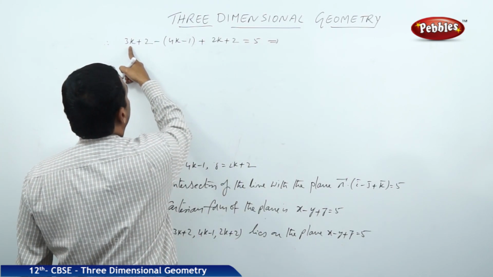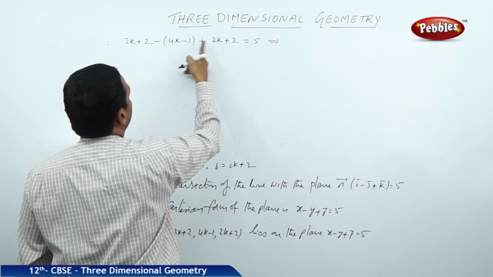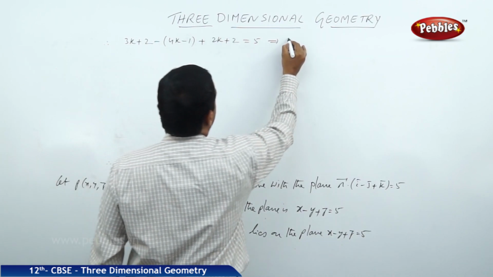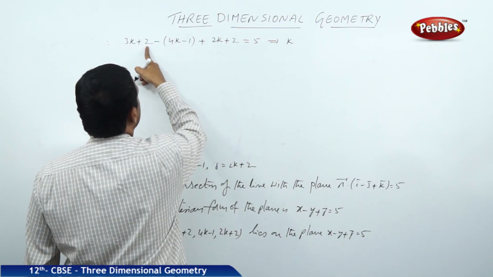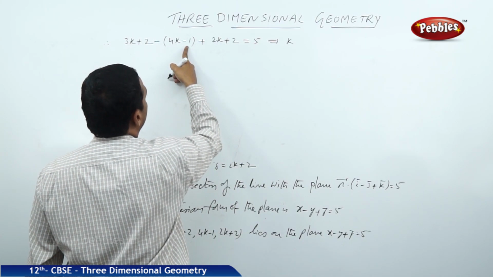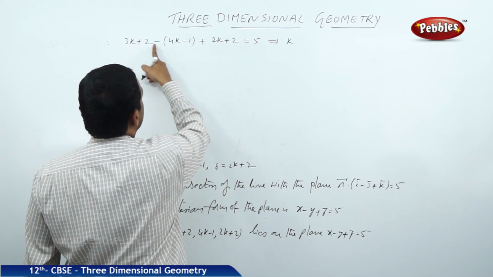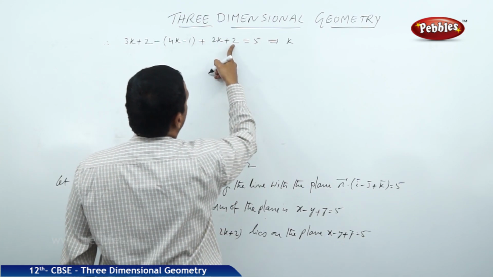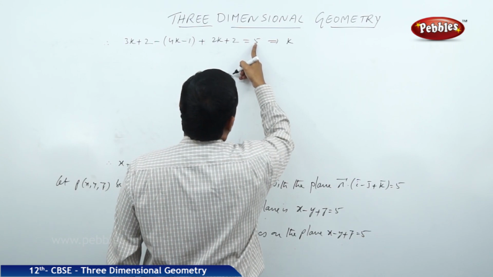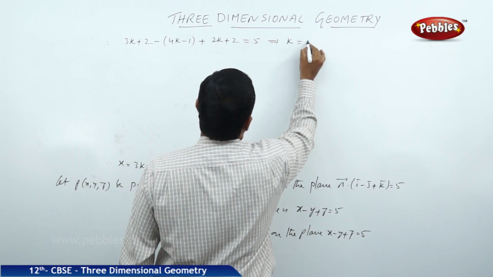Here it is 3k minus 4k plus 2k, that is k, and 2 plus 1 is 3, 3 plus 2 is 5. So 5 is equal to 5 gets cancelled, k is equal to 0.